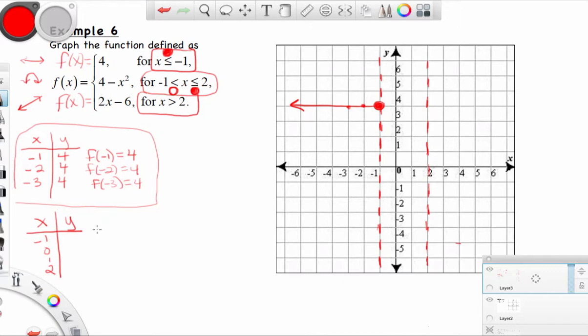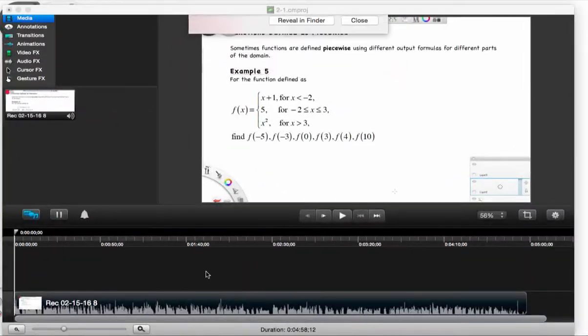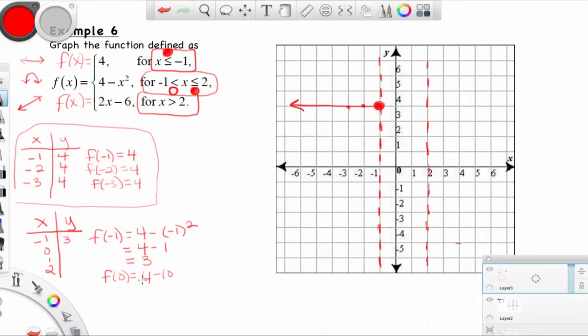Okay, so f of -1 is equal to 4 minus -1 squared, and that is going to be 4 minus 1, which is 3. And then f of 0 is equal to 4 minus 0 squared, which is going to be 4 minus 0, which is 4.